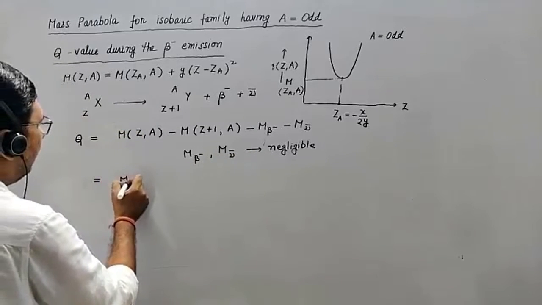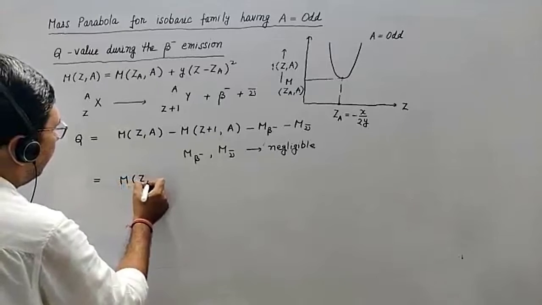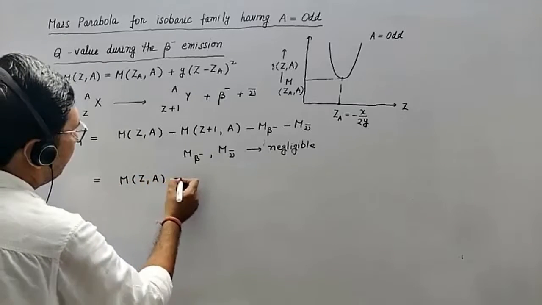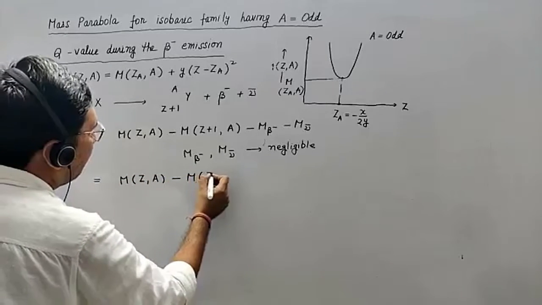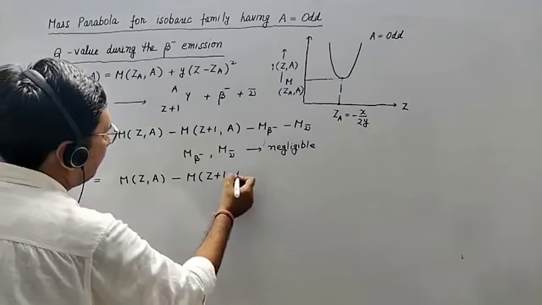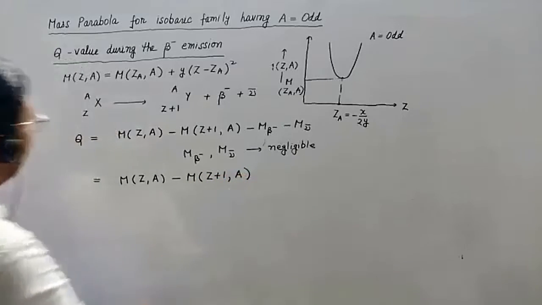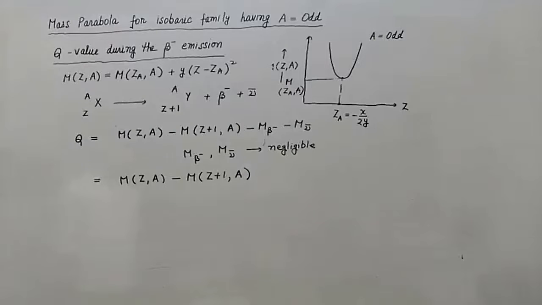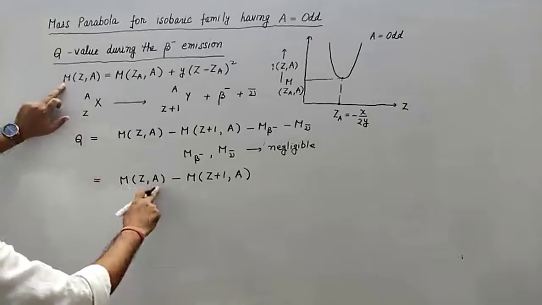So this Q value will be m(Z,A) minus m(Z plus 1, A). So this will be the Q value. Now substitute the value of m(Z,A) from here.